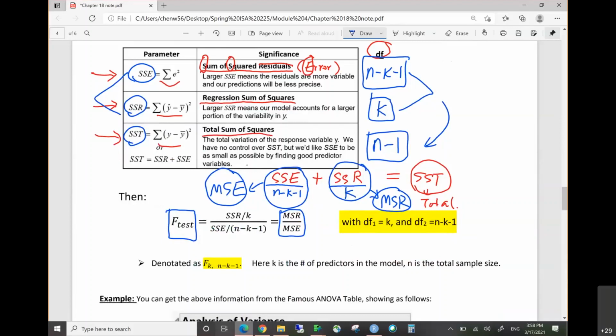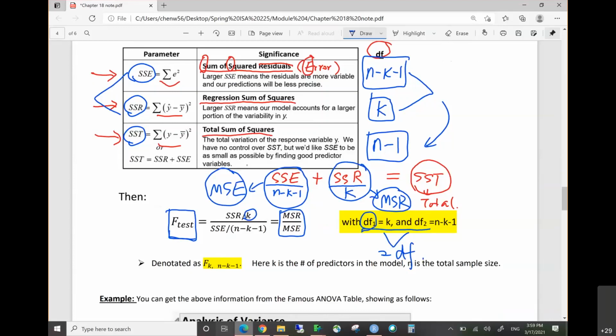All right, since the F-test statistic is based on a fraction between the mean squared regression and the mean squared error, the F-test statistic has two degrees of freedom. We call them degree of freedom 1 and degree of freedom 2. Degree of freedom 1 is the degree of freedom for the top, the numerator degree of freedom.